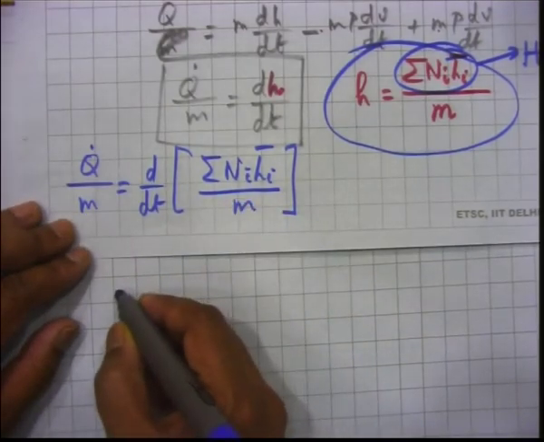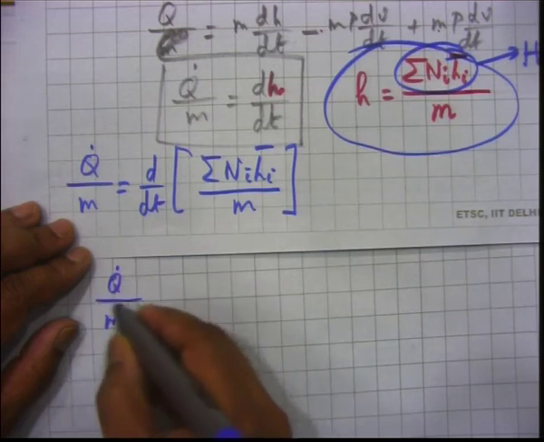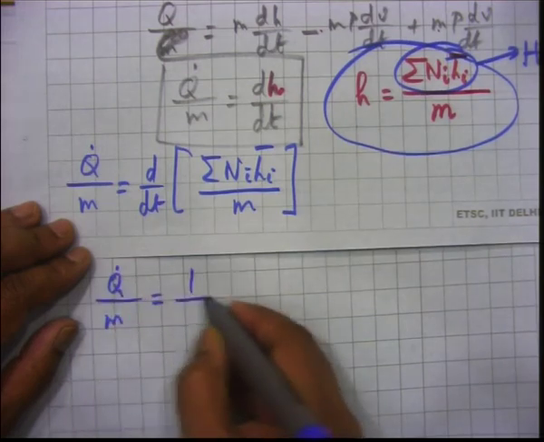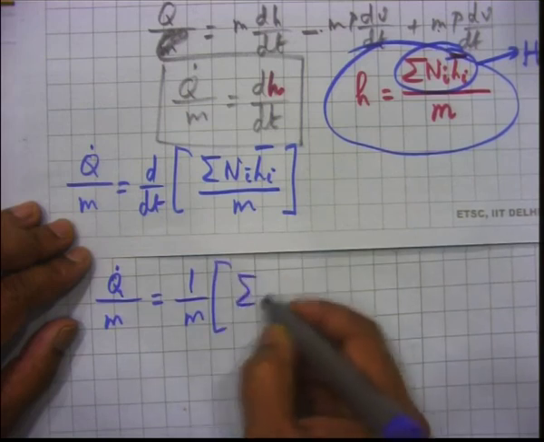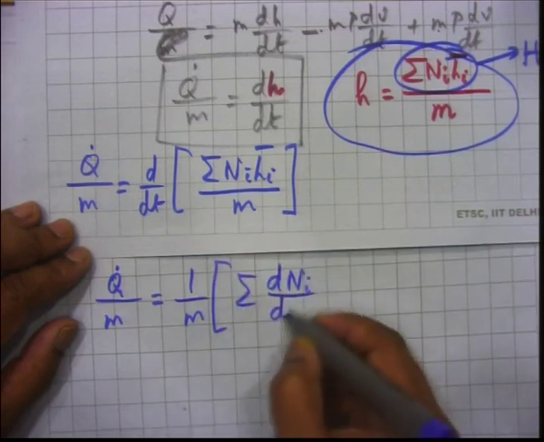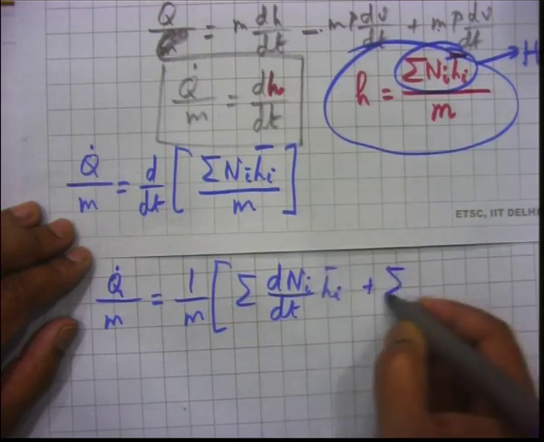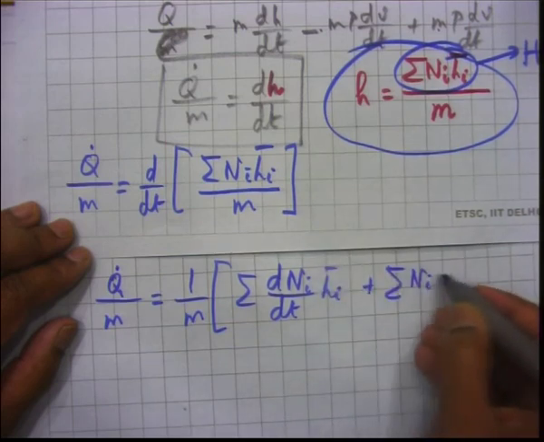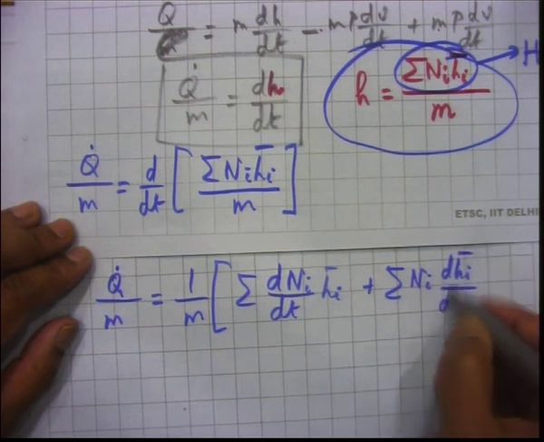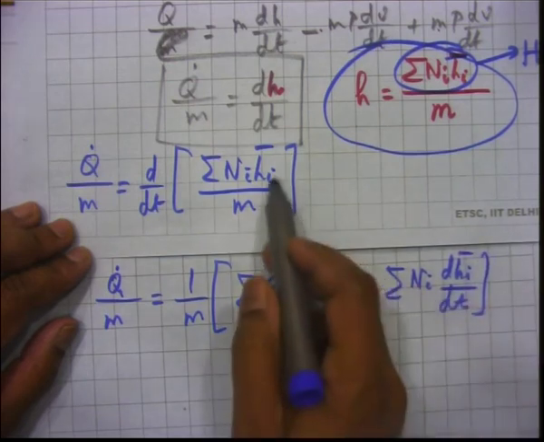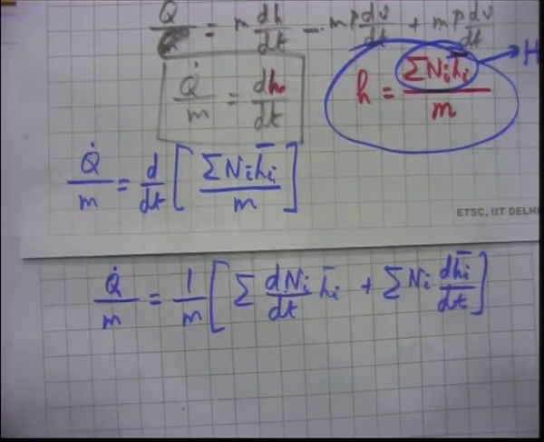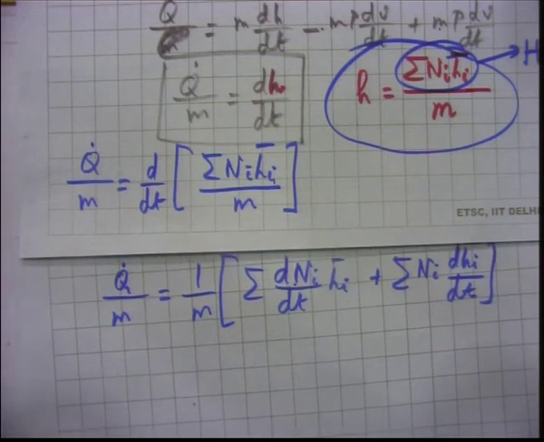So, Q dot by m, 1 over m, this is from this step, differentiating. So, what should be our plan next? How do you bring in temperature?